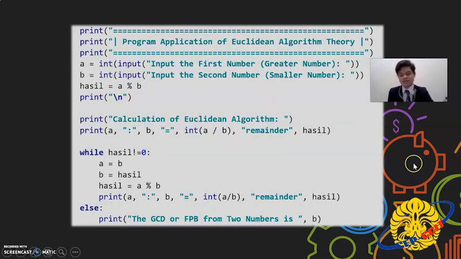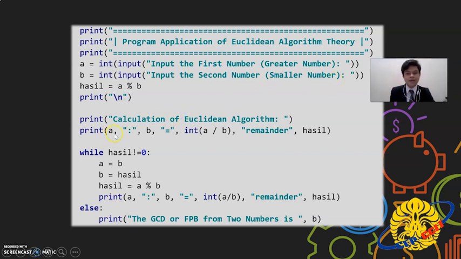Okay, so this is one of the implementations, a program application of Euclidean algorithm theory. The first thing is the program asks us to input the first number, which is the greater number, and the second one is the smaller number.